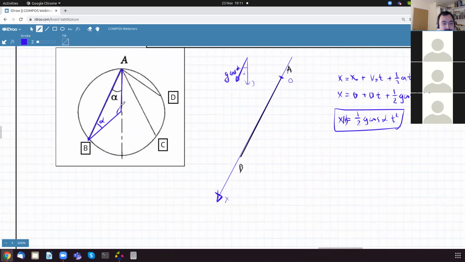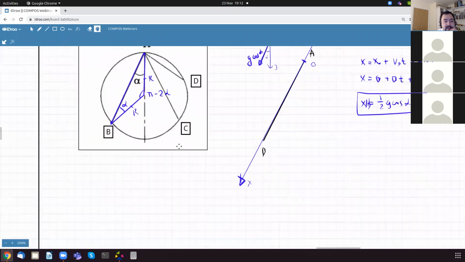So first we need to find this angle. If this is alpha, because these are the same, this is the radius and this is the radius, then this angle is pi minus 2 alpha.